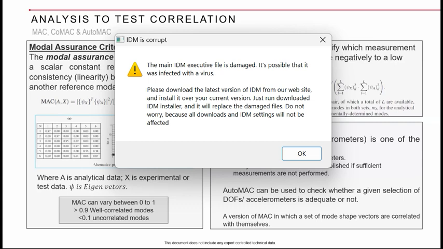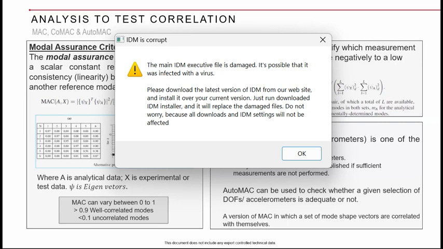So what is COMAC? COMAC is coordinate model adherence criteria. So the MAC takes the eigenvector. That means, for example, you have 5 accelerometers on the beam. To all these 5 accelerometers, what is the mode shape from these responses in each direction? If it constructs the response, you get the mode shape.